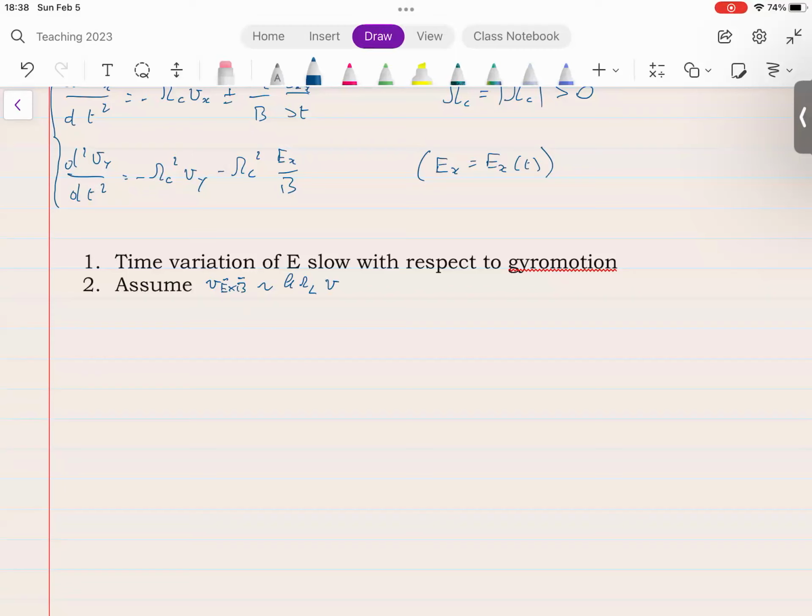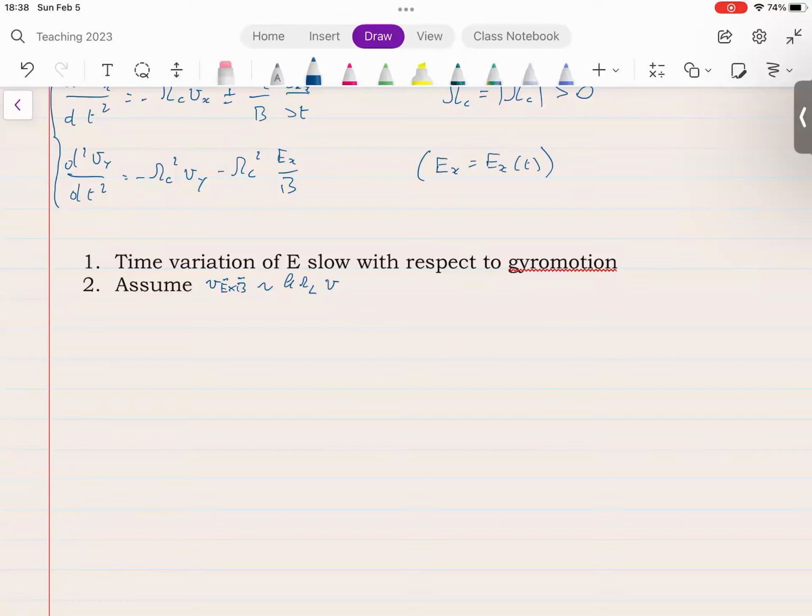Obviously, the quantity k times r sub L is dimensionless. So that's my ordering. In other words, the E cross B velocity is small in this specific ratio.